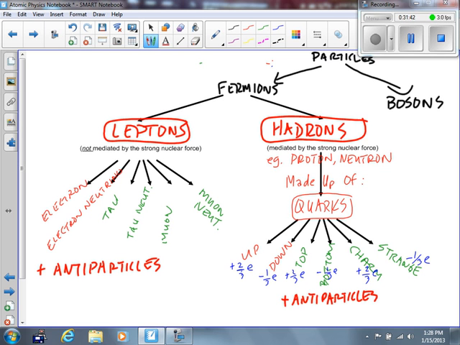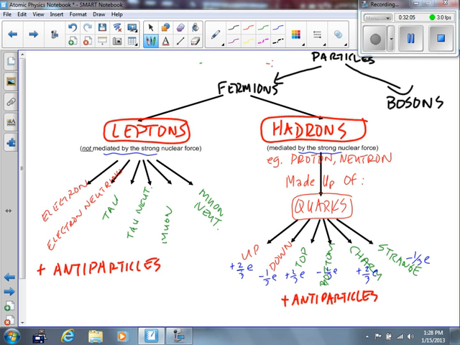So the electron is a particle that exists outside the nucleus, yes. And the hadron is a particle that exists inside the nucleus. In that sense it makes sense, because the electrons are not mediated by the strong nuclear force, and the hadrons are mediated by the strong nuclear force.